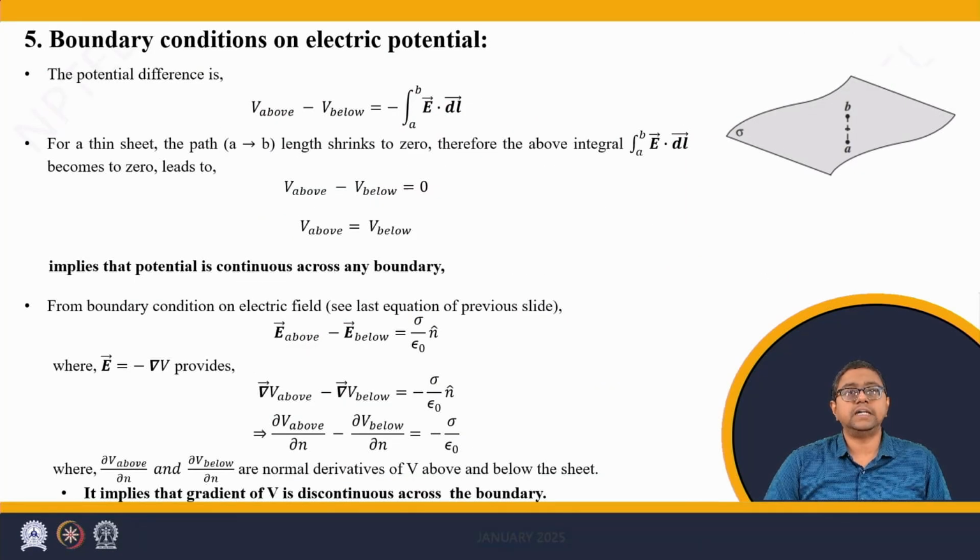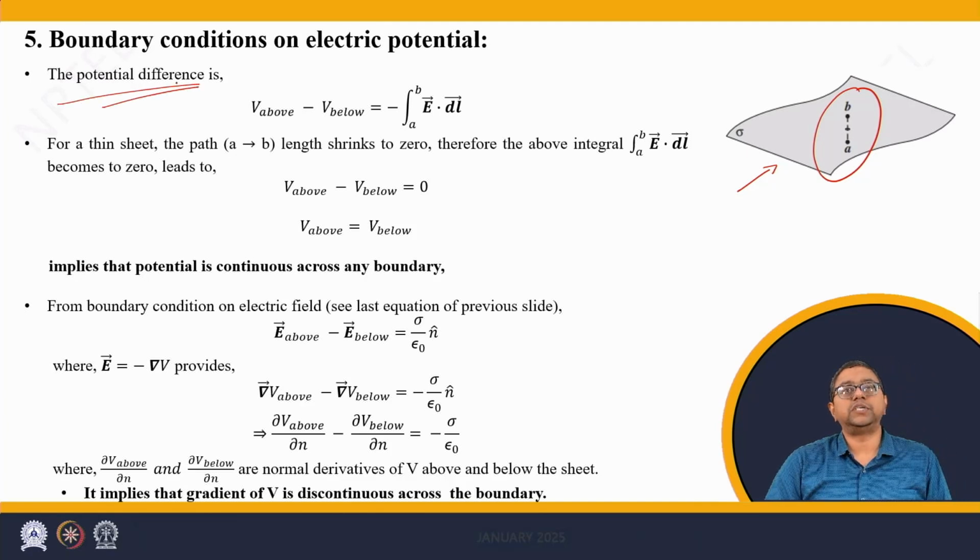Next, we consider the corresponding boundary conditions for electric potential. We have the same thin sheet with charge distribution sigma. We consider 2 points A and B which are located slightly above and below the thin sheet.